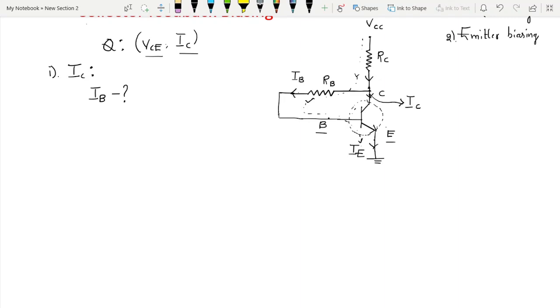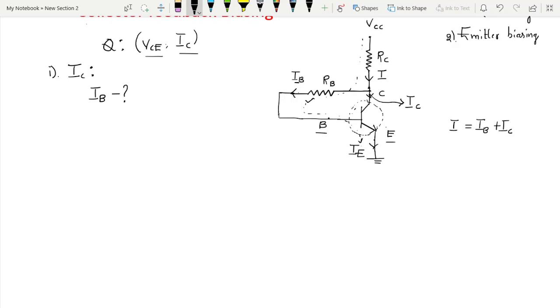Take this as the current I. The current entering into the base is the base current, and the current entering into the collector is the collector current. Then this total current I is nothing but the base current plus the collector current.